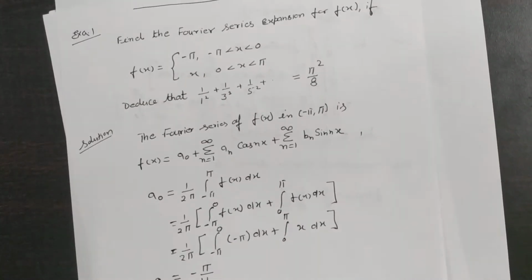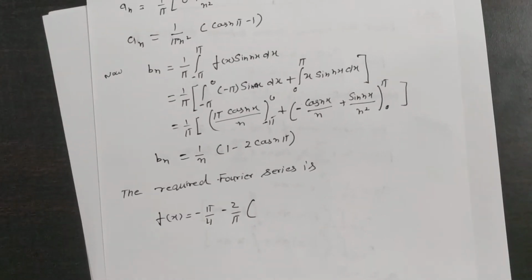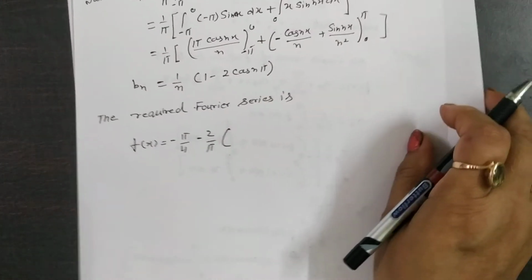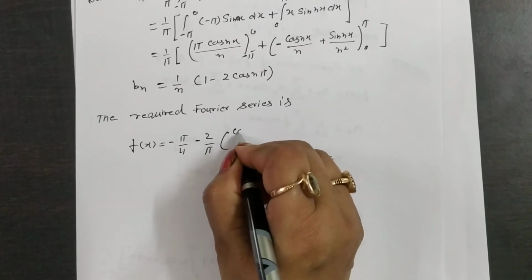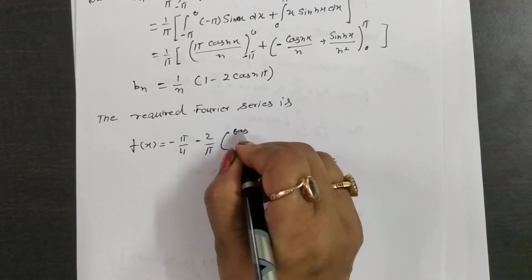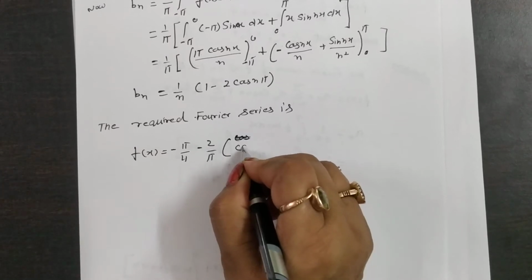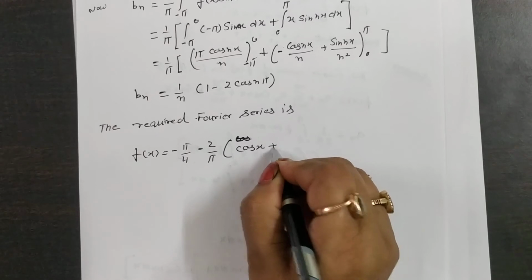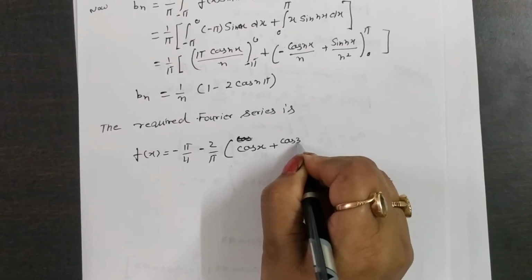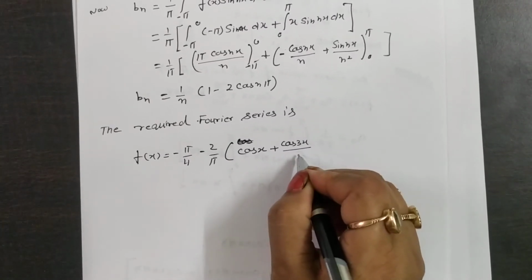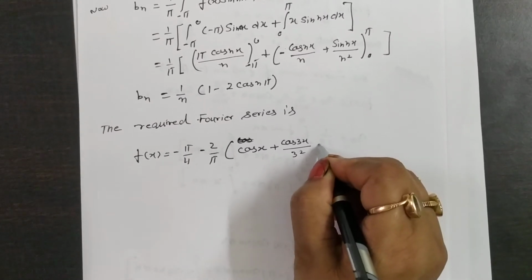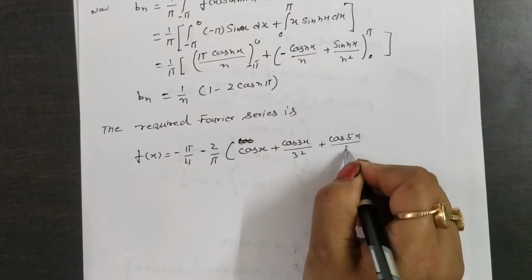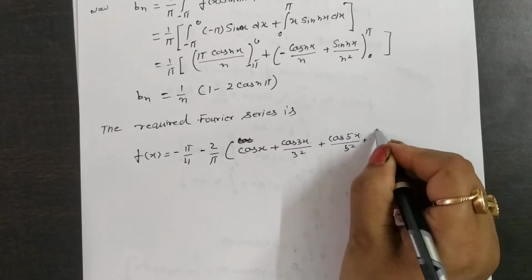Expanding this one, you get cos x, because here there is only one term, plus cos 3x divided by 3 square, plus cos 5x divided by 5 square, plus so on.